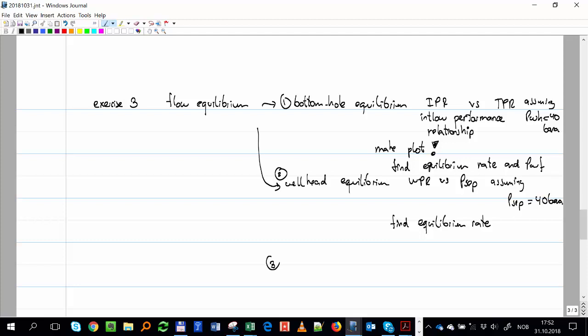Then the third task is to perform wellhead equilibrium again, but including the flow line.